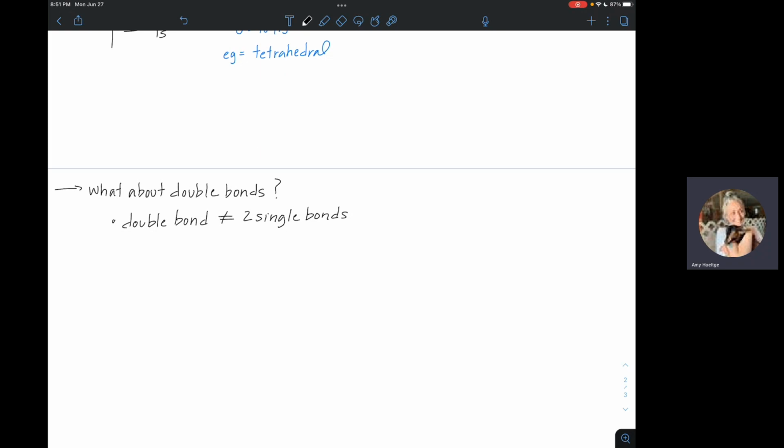A double bond is not therefore two sigma bonds. So therefore, a double bond is not two sigma bonds. What is the take-home message here is basically these double bonds, right?